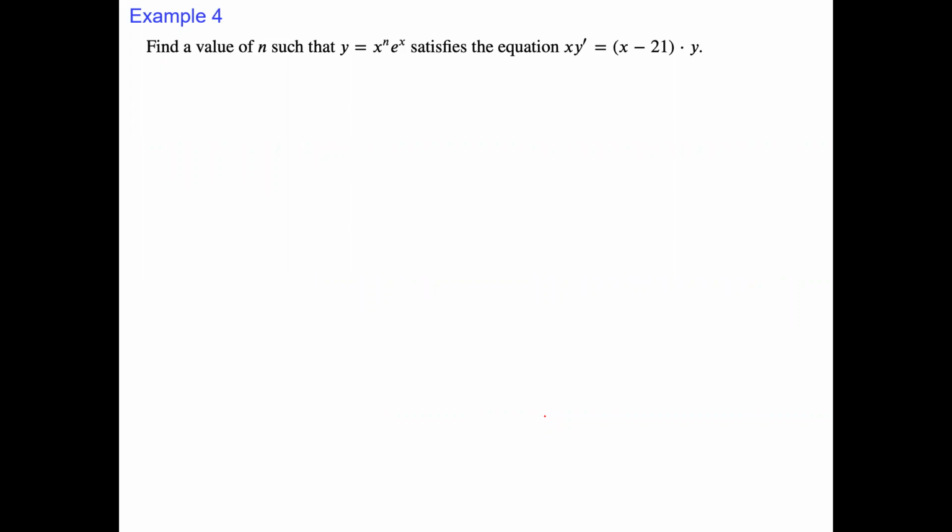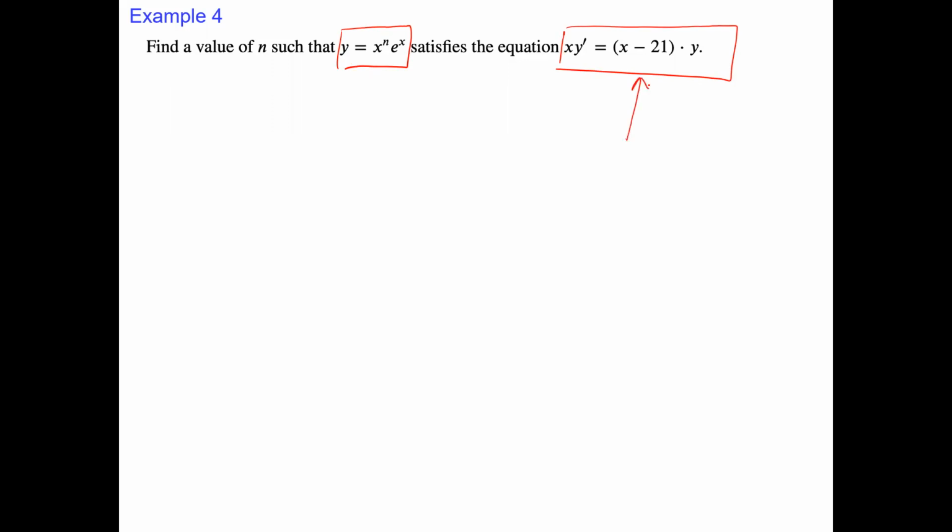Okay, example number 4. Find a value of n such that function y equals x to the power of n e to the x satisfies the equation x times y prime equals x, x minus 21 times y. Okay? So this is probably, for some of us, the first time that we see an equation like this one.